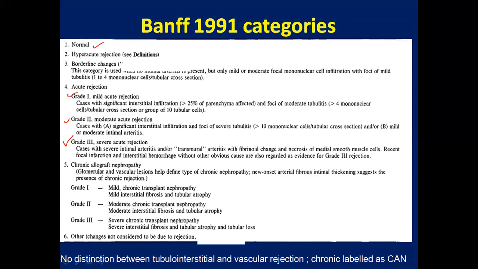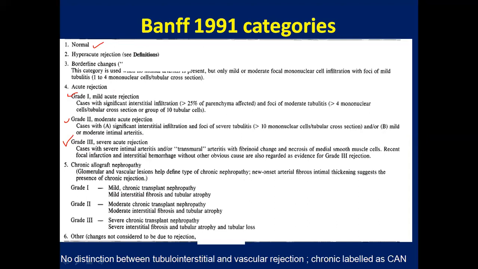And there was no mention of antibody-mediated rejection, except as hyperacute rejection. So there was no categorization of acute rejection into tubular interstitial or vascular rejection. It was only labeled as grade 1, grade 2, grade 3. Grade 1 means mild acute rejection, grade 2 means moderate acute rejection, and grade 3 means severe acute rejection.